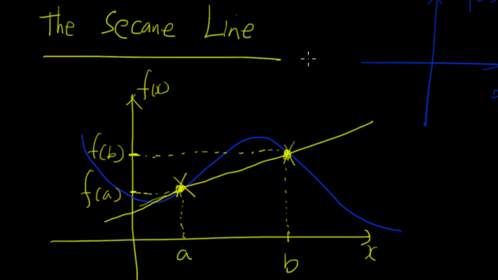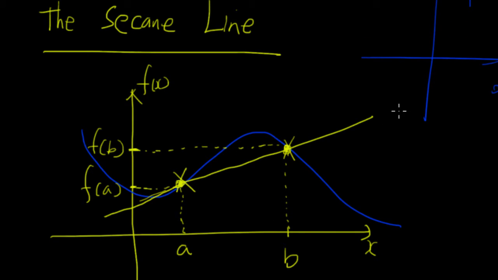And what do you call the actual line? That actual line is called the secant line, right? The actual line is what you call the secant line.